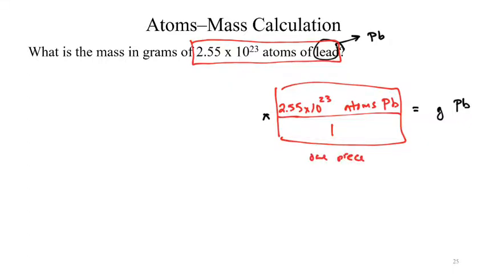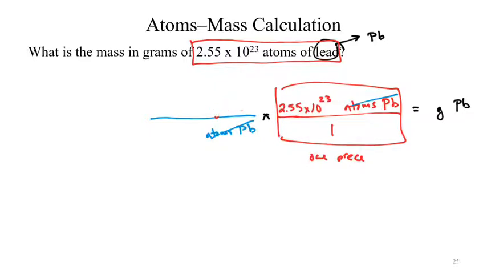Okay, so now I need to do a conversion. In that conversion, atoms of lead needs to appear in the denominator, and I want it there so that those units can cancel each other. Ideally, I also get grams of lead appearing in the numerator. That would be my ideal situation, because if it showed up there, then I've got my conversion factor set up and ready to run.